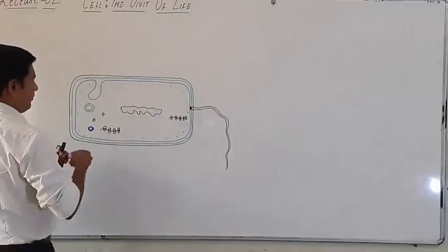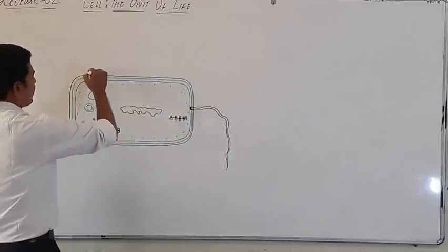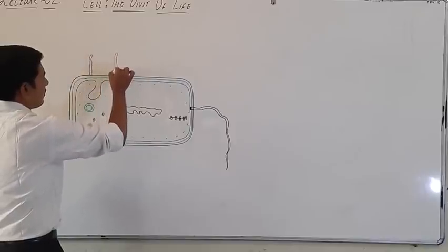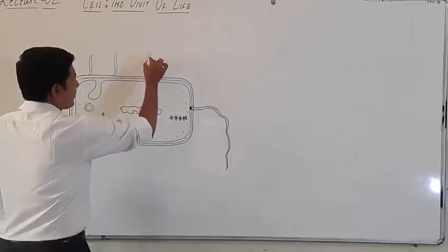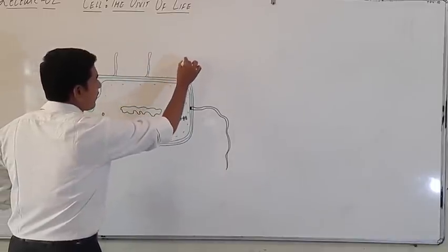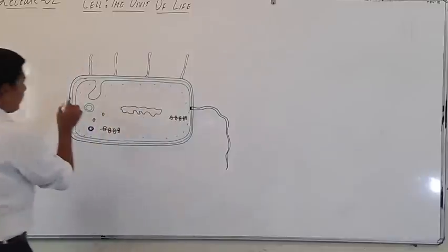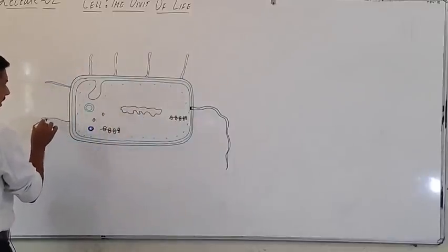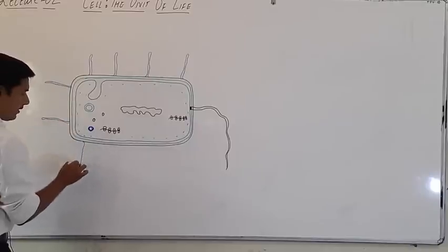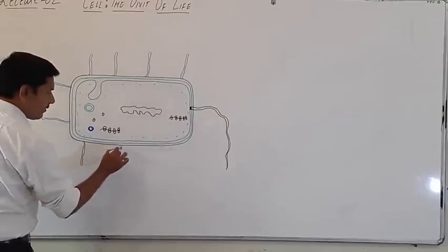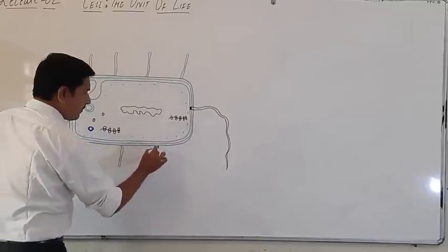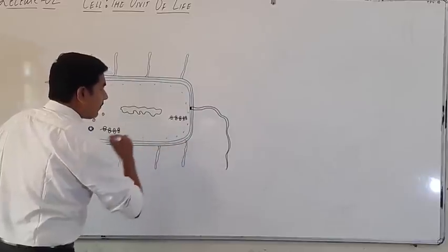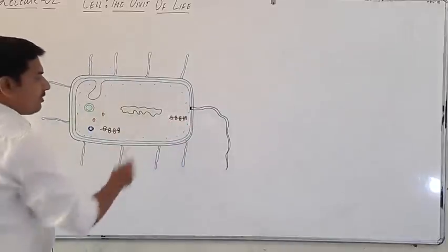Then the bacteria also possesses certain hair-like structures, which we call the fimbriae or pili, which are smaller than that of the flagella.